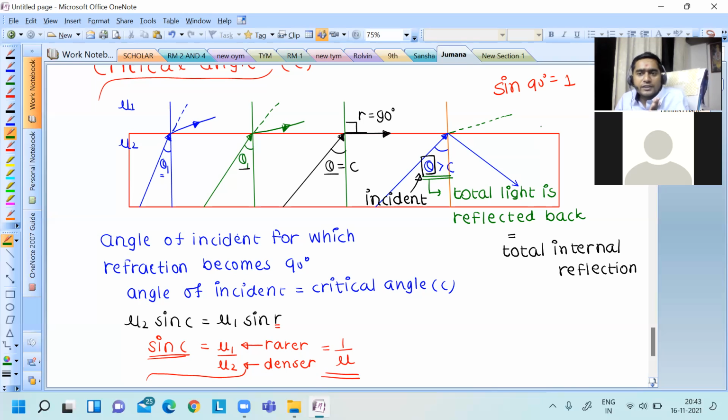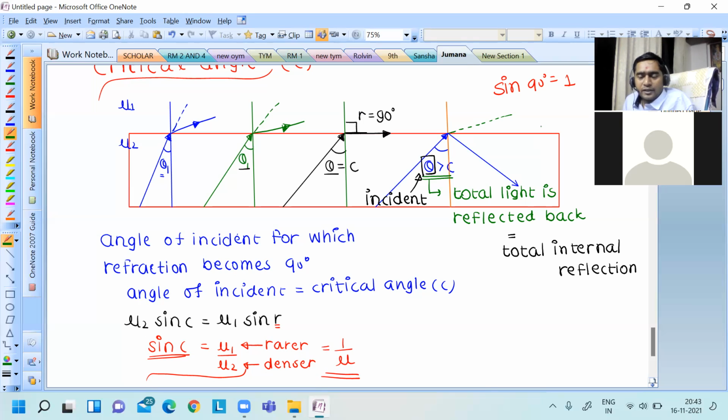With the help of the critical angle, we can get total internal reflection, and we use this in many ways. For example, diamonds sparkle. Why does a diamond sparkle? Only because of this critical angle. If the critical angle is minimized, then for most incident angles we are able to get total internal reflection.